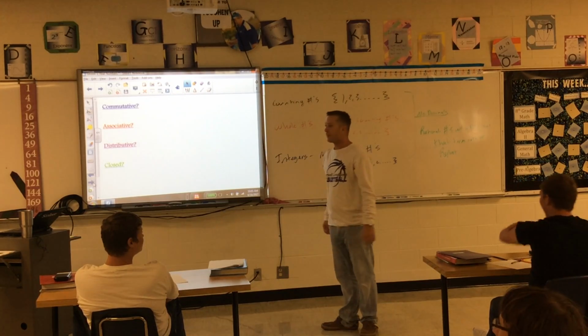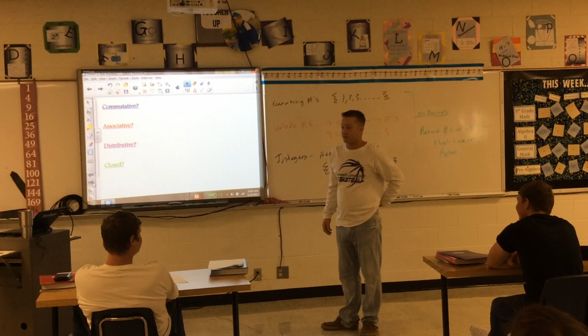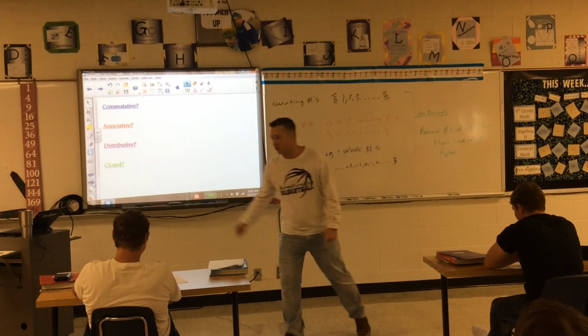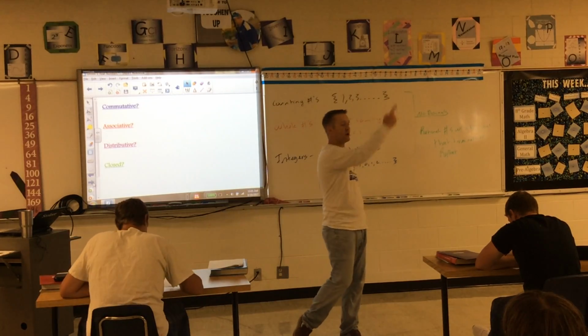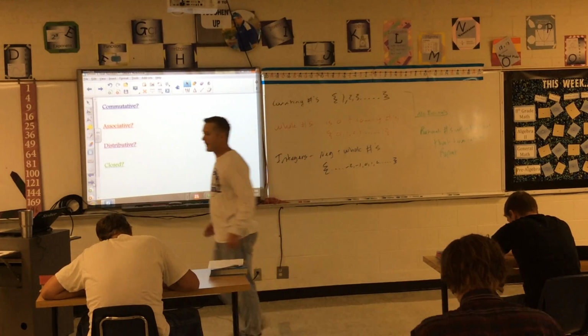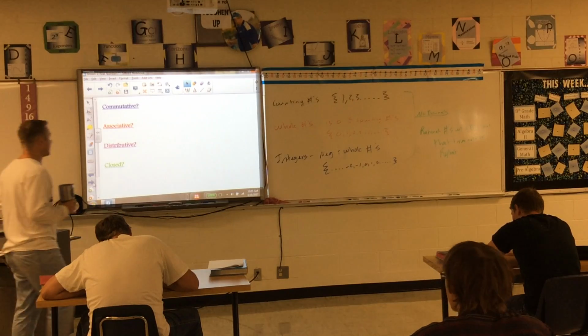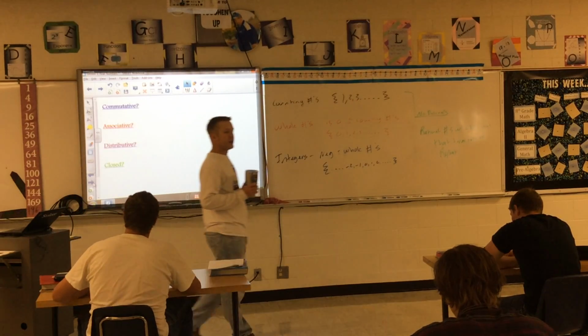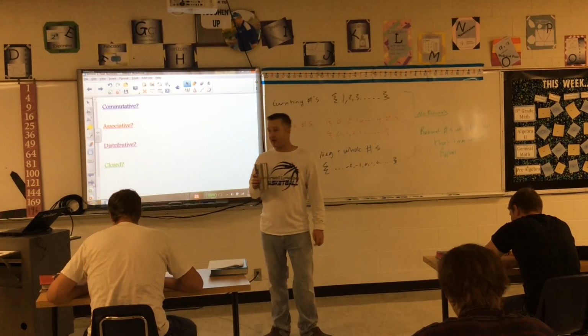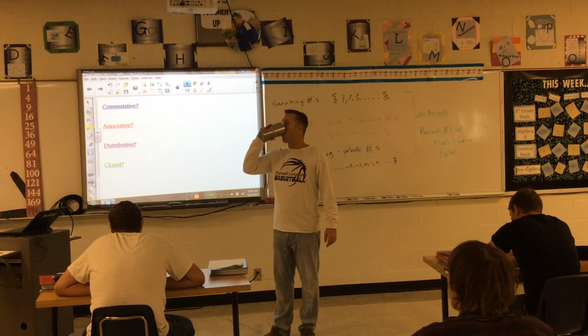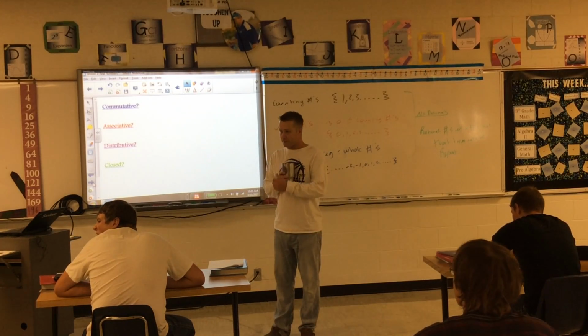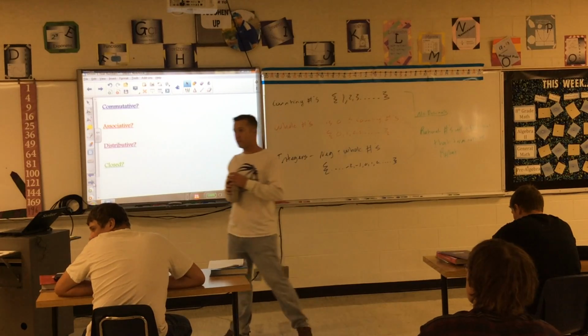Okay? Now we're going to move on to commutative, or property. So on properties, the first property, write down the commutative property. Okay? And so just write the word commutative. Commutative property is, let's see, Katie, do you know the commutative property? What is it?